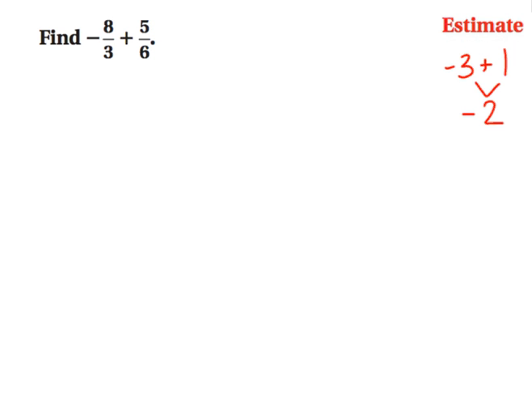Okay, when we are adding fractions, the first thing we need to make sure we have is common denominators. So we need these two numbers to match, and in order to do that, we need to rewrite -8/3 with a denominator of 6. Now, it's not enough to just change the denominator and leave the numerator the same. What you're going to need to do is figure out what you're multiplying by to get from 3 to 6.